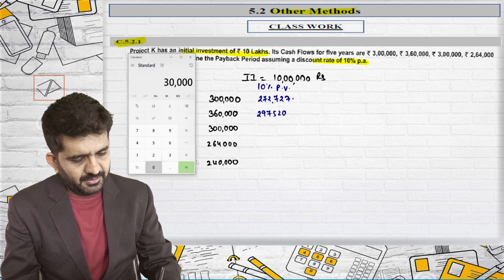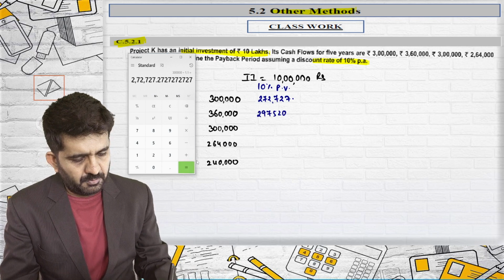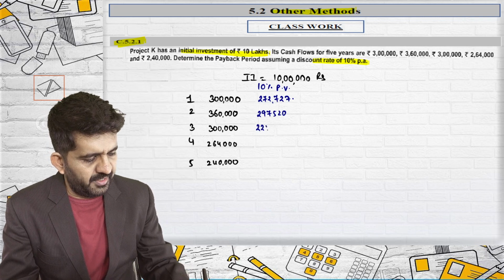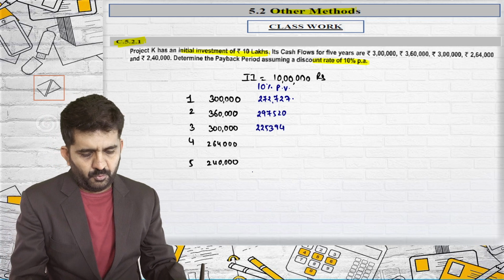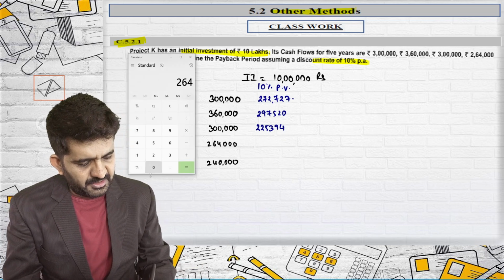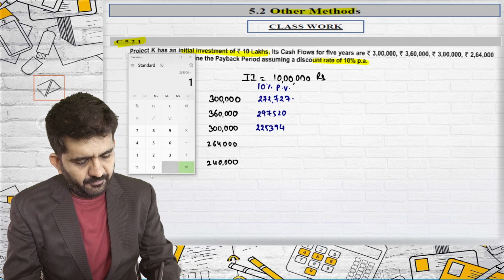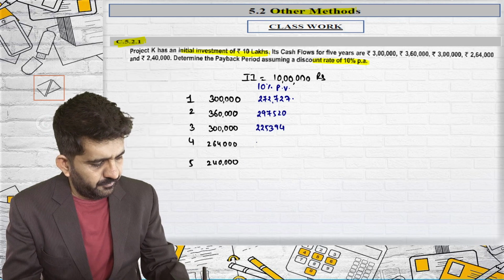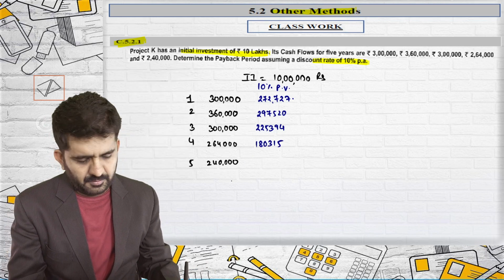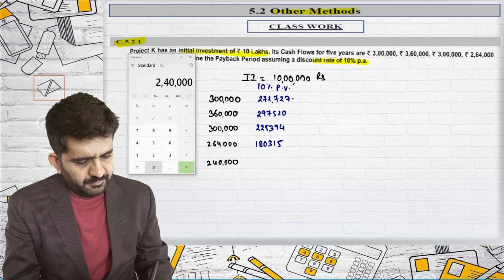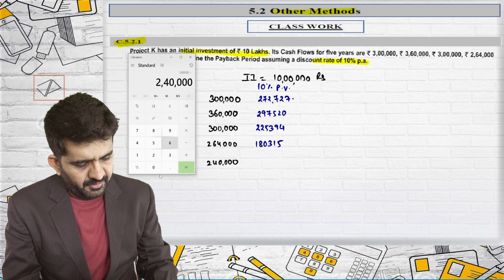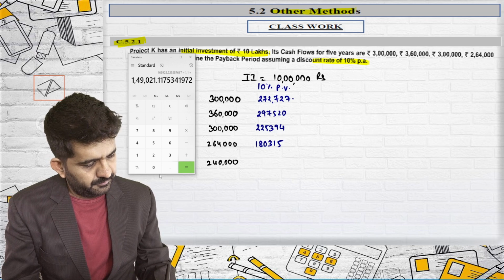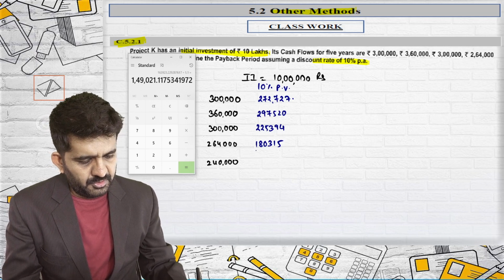Third is 3 lakh divided by 1.1 is equal to 225,394. 2,64,000 divided by 1.1 to the power 4 is 180,315. 2,40,000 divided by 1.1 to the power 5 is 149,021.